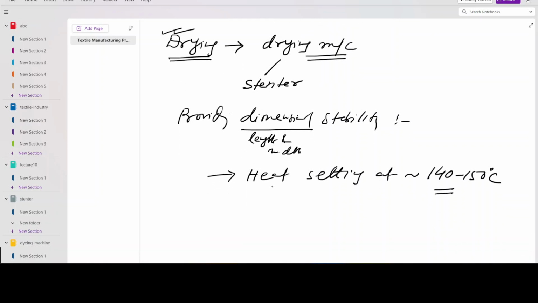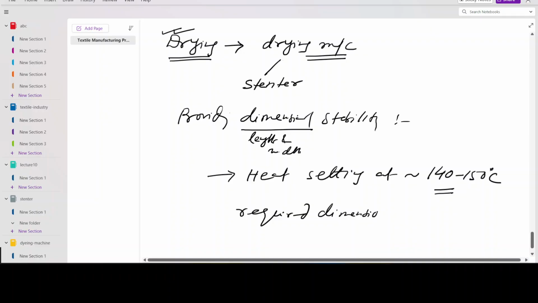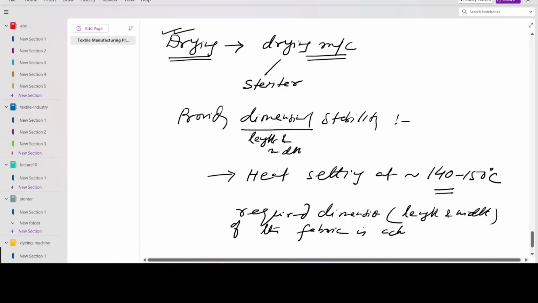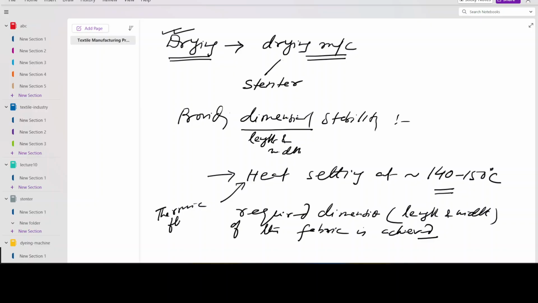What is done here? The required dimension of length and width of the fabric is achieved here, and for setting, the heating medium used is either thermic fluid or steam.